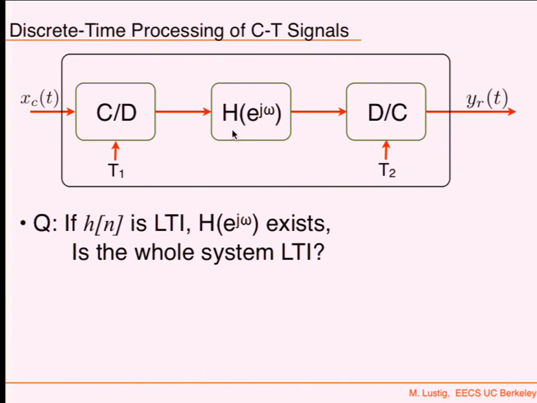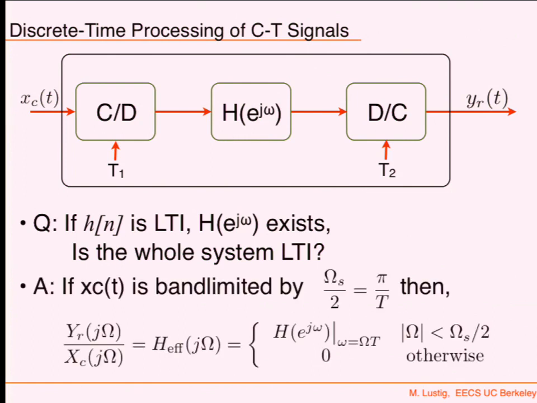If I had aliasing, then my reconstruction cannot be LTI, because I'm going to be generating new frequencies. I'm going to have stuff that's high frequency that is going to alias into the low frequencies. So my spectrum is not going to be the same. And that's exactly the case.